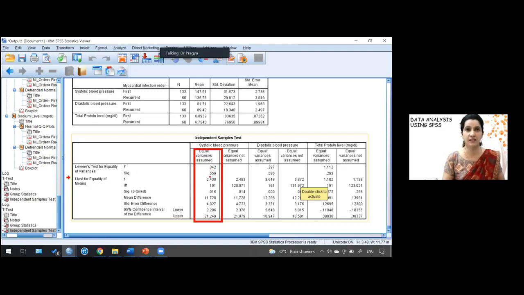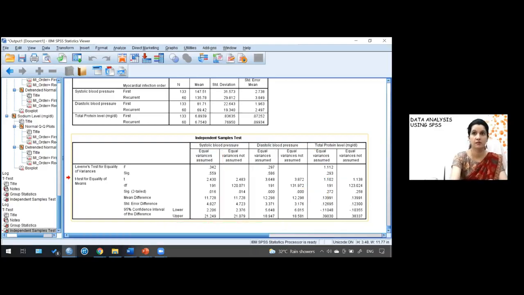If the p-value is less than 0.05, then you take this column as the result, because here the equality of variance is not assumed. In my case, for all three values the equality of variance is assumed, because here the significance value is more than 0.05, and here also it is more than 0.05.